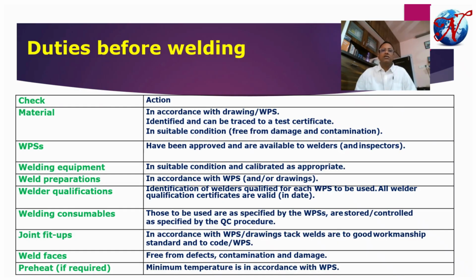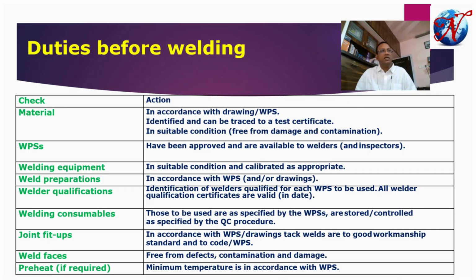There are a lot of duties of the welding inspector, particularly before starting the welding. The duties of the welding inspector are categorized like this. What type of material needs to be welded?